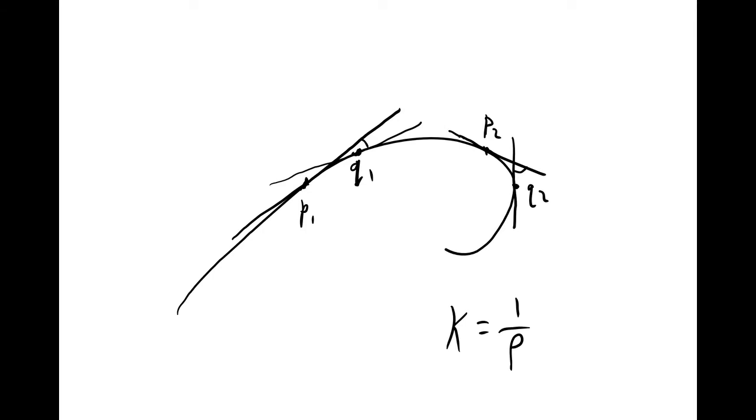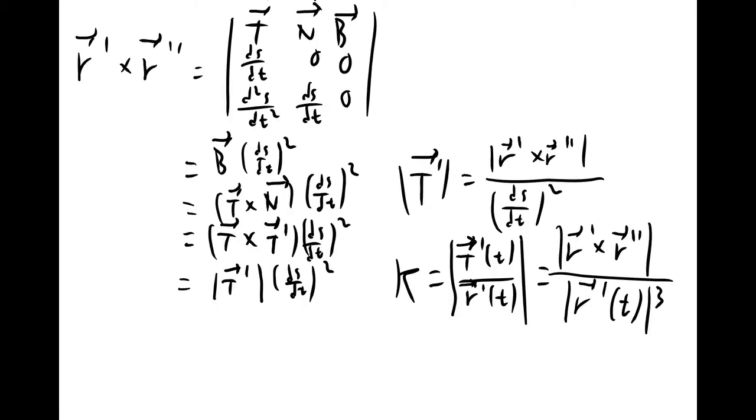As you can see in this figure, though the pairs of points on this curve P1, Q1 and P2, Q2 have the same distance between each other, the angle produced by their tangent vectors is vastly different. We can also derive an equation for curvature by t using the cross product of r' and r'', which gives us a vector that produces B times (ds/dt) squared.